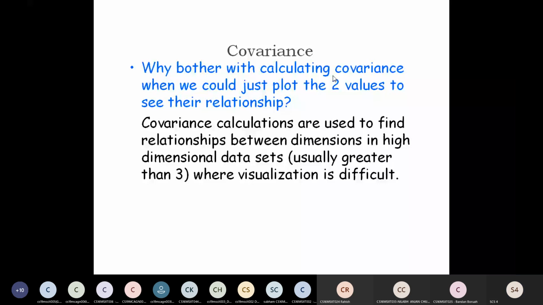So that's why we calculate covariance. Covariance calculations are used to find relationships between dimensions in high dimensional datasets, usually greater than 3, where visualization is difficult. I hope this is clear to you.